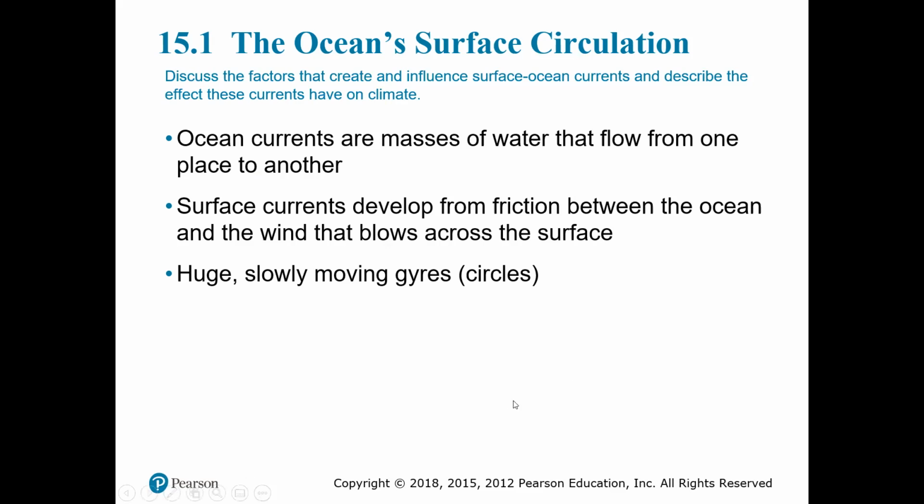So we'll watch a couple of Smart Figures actually, one about the Gulf Stream, which is probably the most studied surface current in the oceans. And then we'll watch another one about some of the other major surface currents.